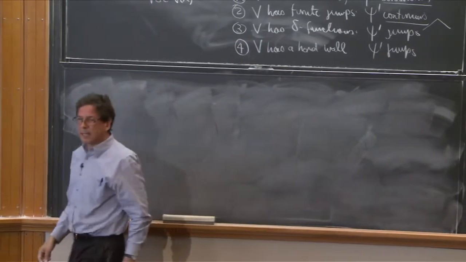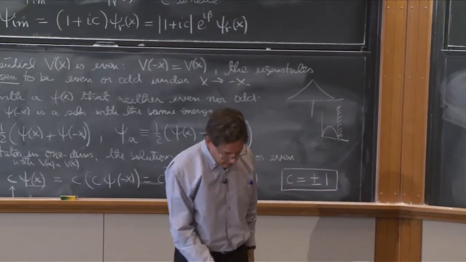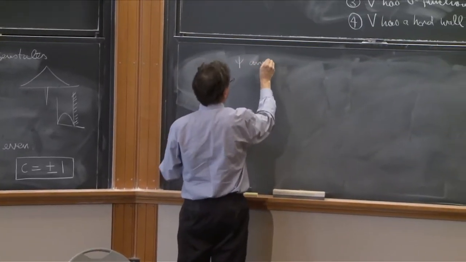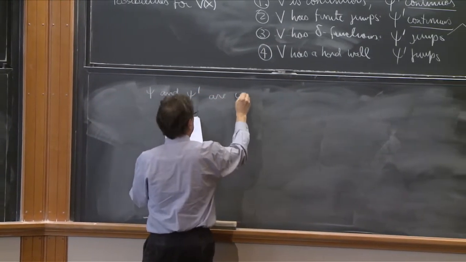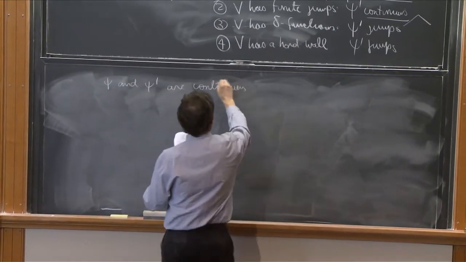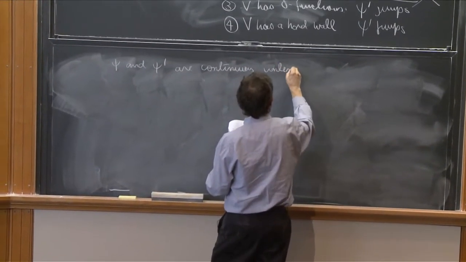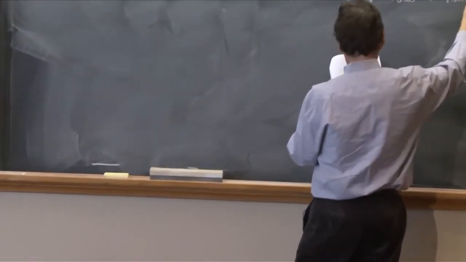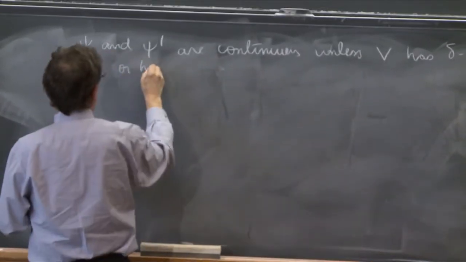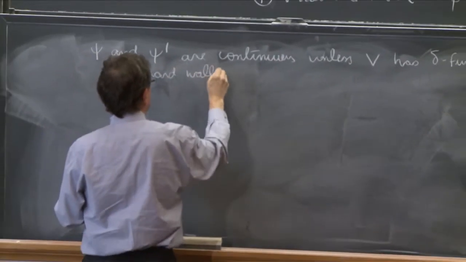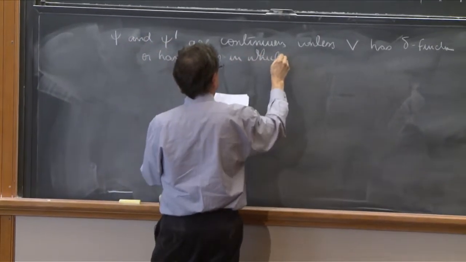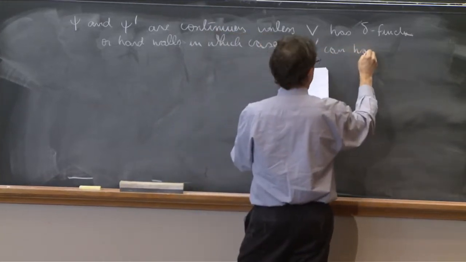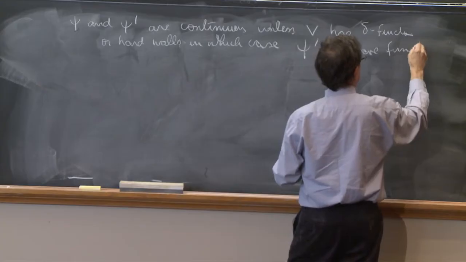So we can summarize this in just one sentence. The sentence reads, psi and psi prime are continuous unless V has delta functions or hard walls, in which case psi prime can have finite jumps.